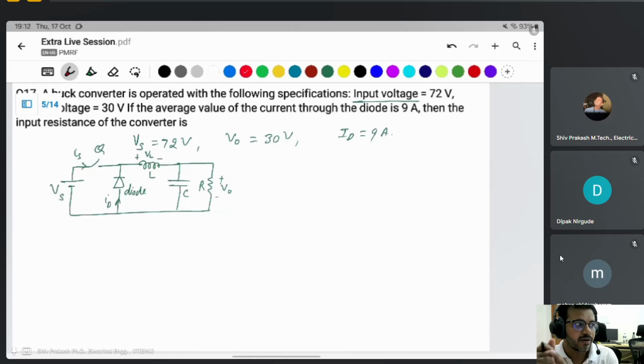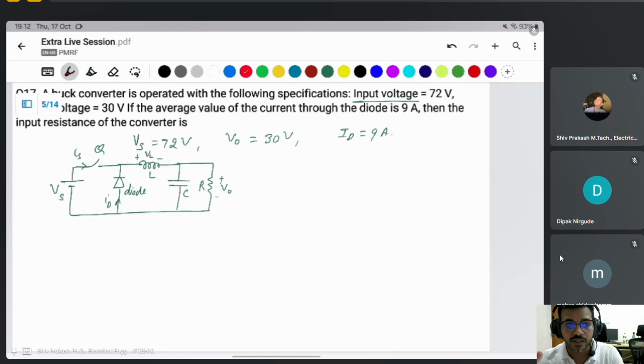For the design of a buck converter, first of all you have to know the power rating, current rating, input voltage and output voltage. Then you should have knowledge of the ripple current and ripple voltage.